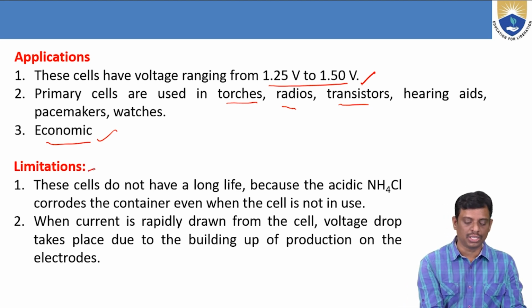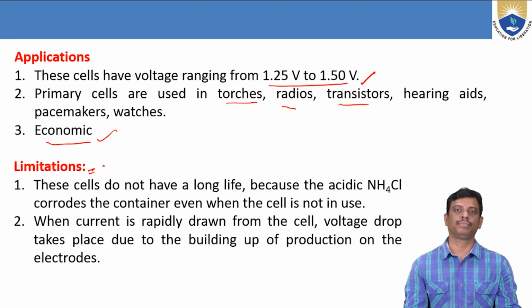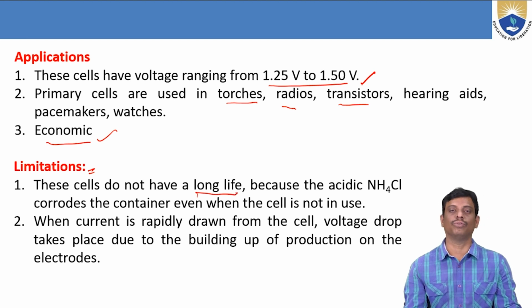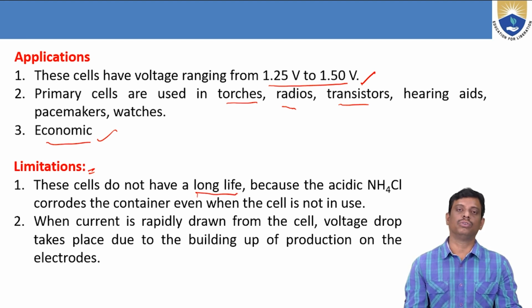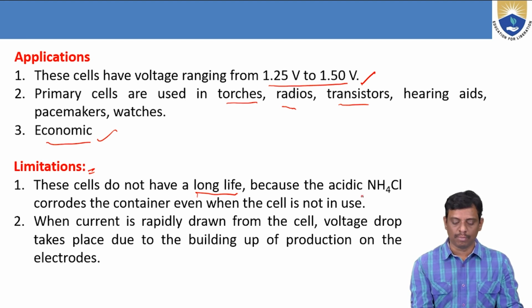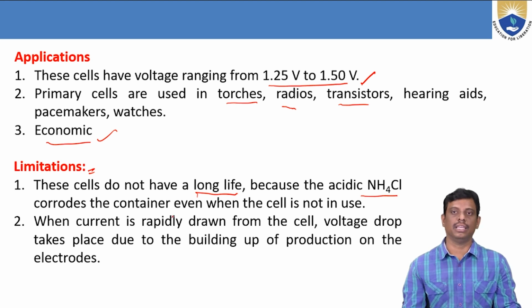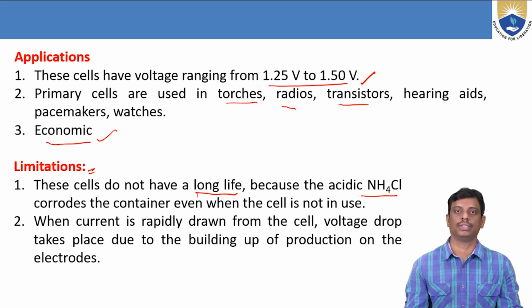There are some limitations in primary batteries, because these batteries do not have a long life. We need to use them one time. We have to discard the battery after usage because only the forward reaction happens. Also, the acidic ammonium chloride corrodes the container even when the cell is not in use.